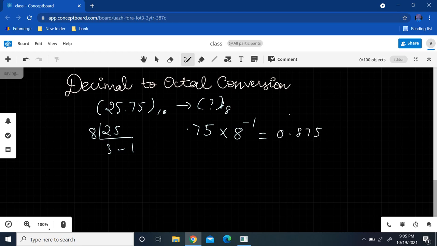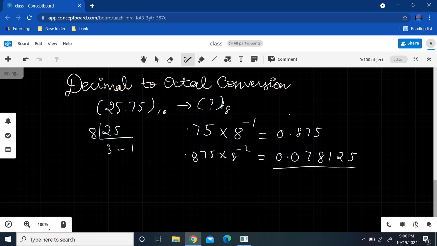0.875. Then you have to take only the decimal part. So 0.875 into 8 to the power minus 2, that is 0.875 divided by 64. If you do 0.875 divided by 64, you will get 0.78125. And you have to add this.